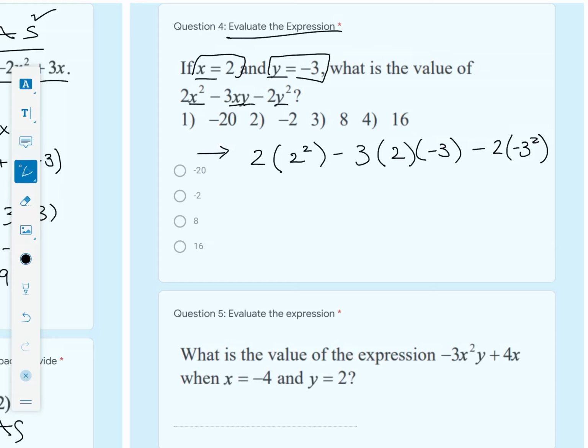Now, as you know, you can use your calculator once you get to this step, or you could do it by hand. I'll do everything inside of my parentheses first, starting with exponents. 2 squared is 4, minus 3 times 2 times negative 3, minus 2 times 3 squared, negative 3 squared rather, is 9.